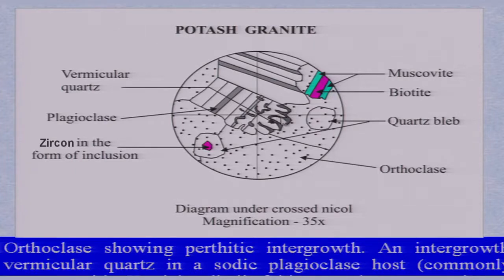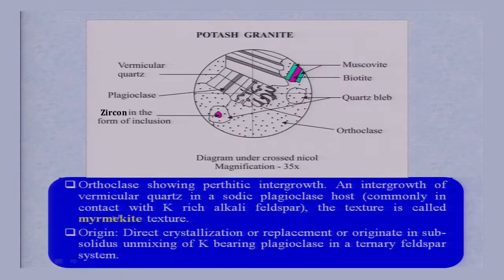After the formation of orthoclase, the quartz has been released. The SiO4 has been detached from its cation and crystallized as a vermicular quartz. So, here vermicular quartz is developed, but the growth between this orthoclase and quartz is actually a graphic intergrowth. Orthoclase is showing perthitic intergrowth.